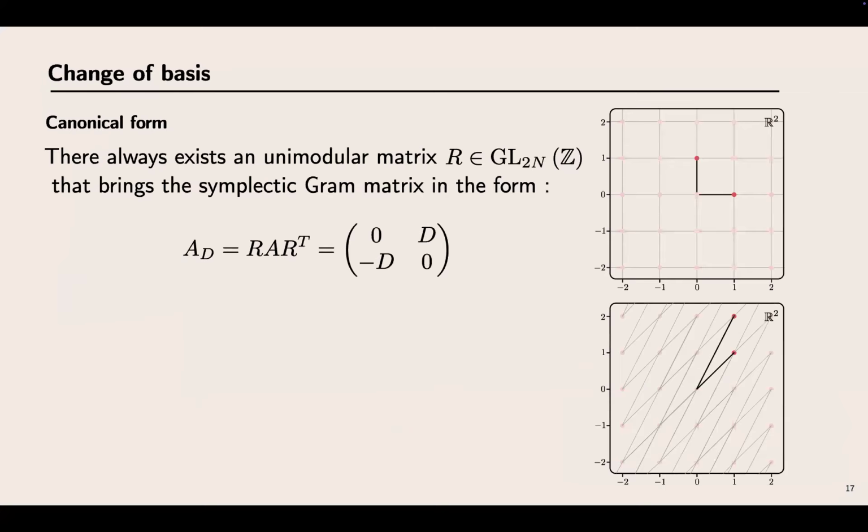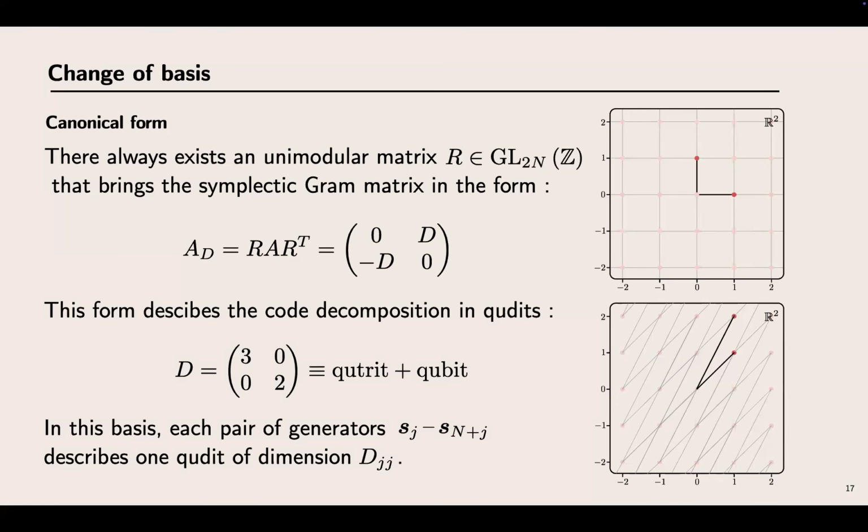This matrix we can actually put in a canonical form, which is this anti-symmetric matrix. And here, D is a diagonal matrix made of integers, okay? And actually, it defines the qudit decomposition of the code. So here I get D, which is diagonal 3 and 2. It means that we actually get a qutrit and a qubit in there. Okay, and in this form, we can split every vector that defines the grid into pairs of 2 by 2. And each of those will define one qudit in there.